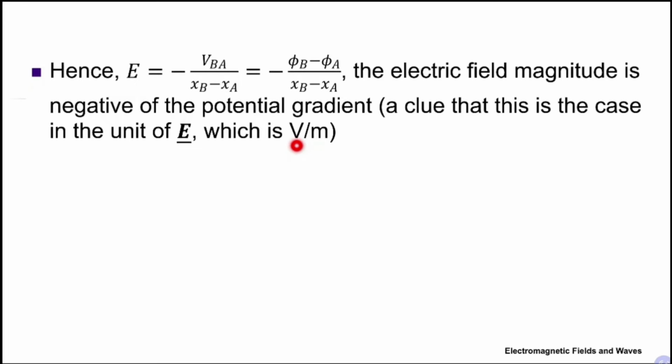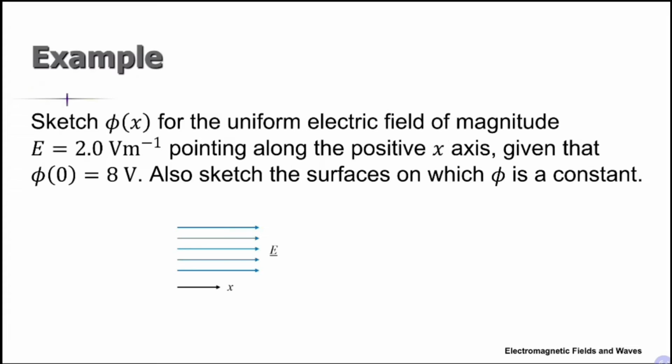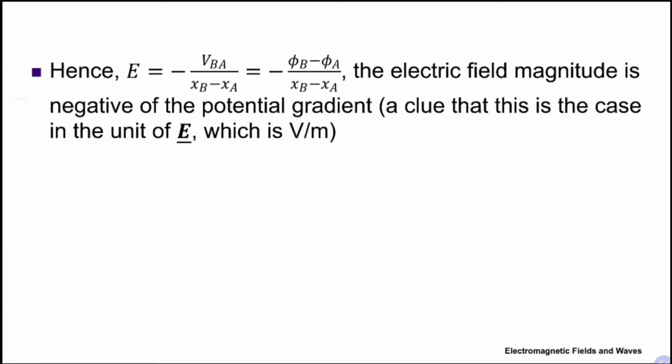Okay, V is the potential difference unit, volts, m is the distance. So electric field is the negative gradient of the potential.